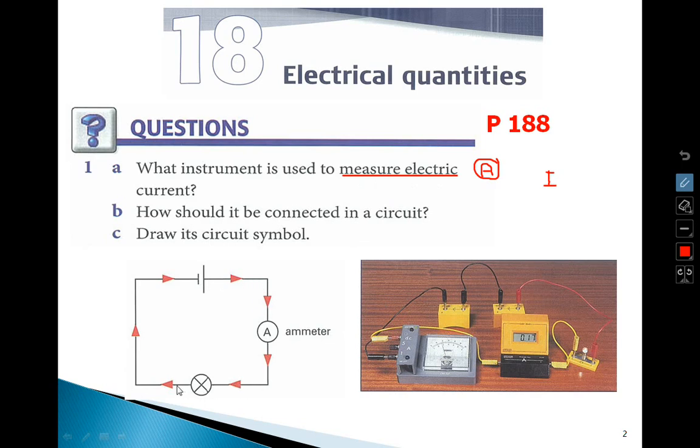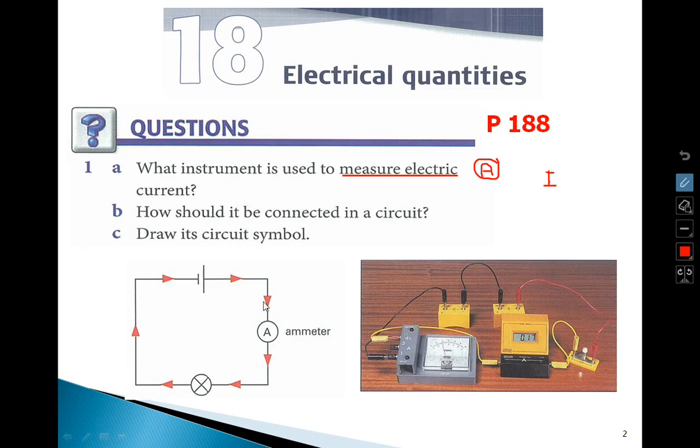Inside the circuit we have a power supply or voltage source, and then a lamp. The current starts moving from positive to minus, so current is moving in this direction.